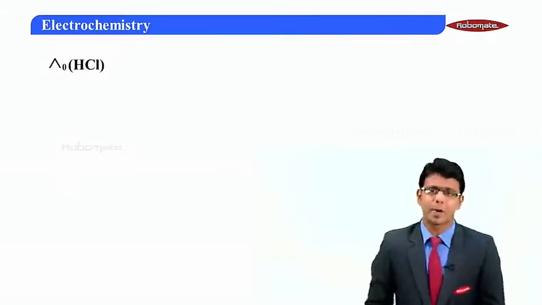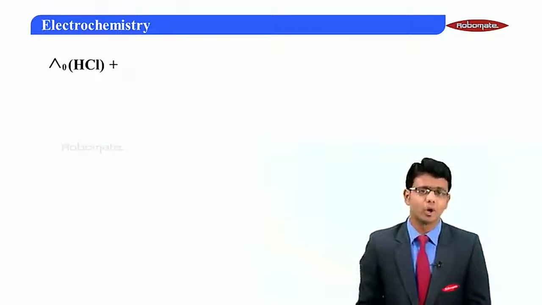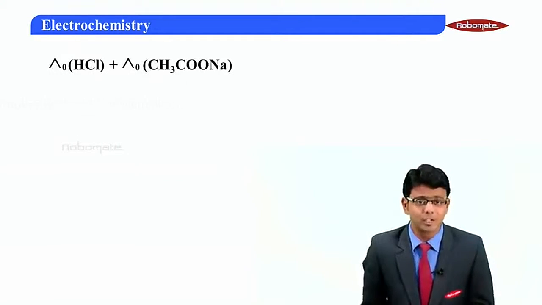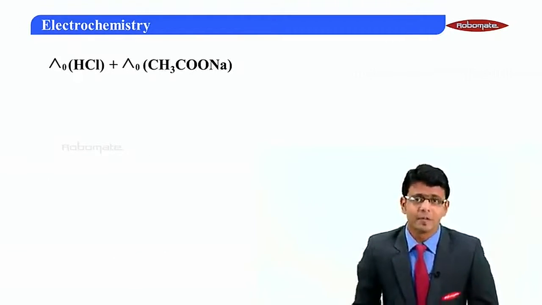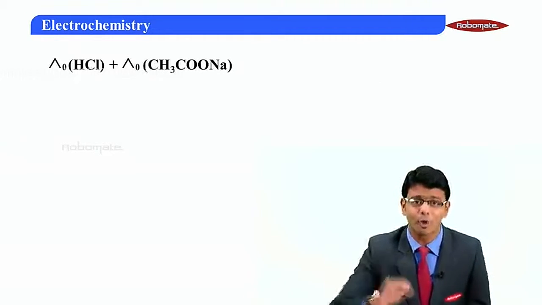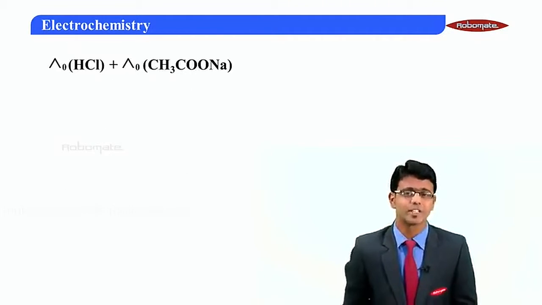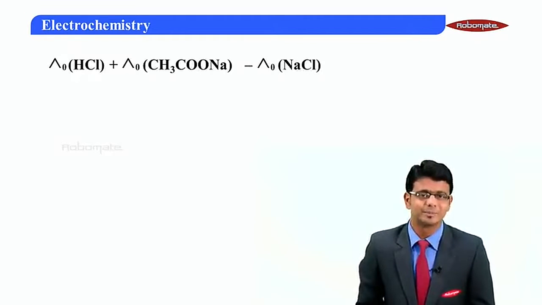We have lambda naught of HCl, and we add the lambda naught value of sodium acetate to it. These two will be a source of H plus and acetate ions respectively, right? However, we are also getting sodium and chloride ions, which we do not want in the final expression of acetic acid, so we subtract lambda naught of NaCl.